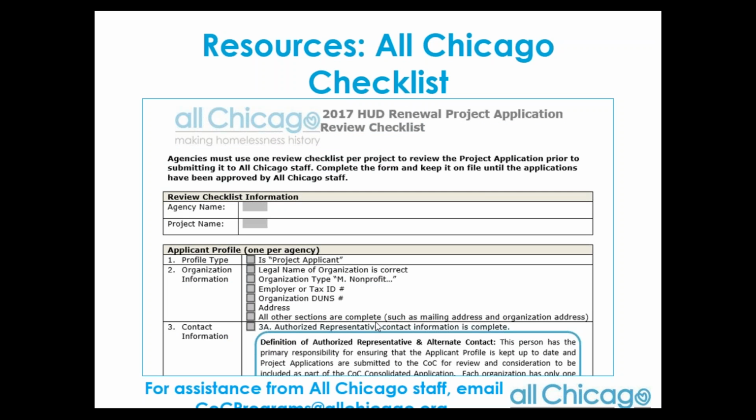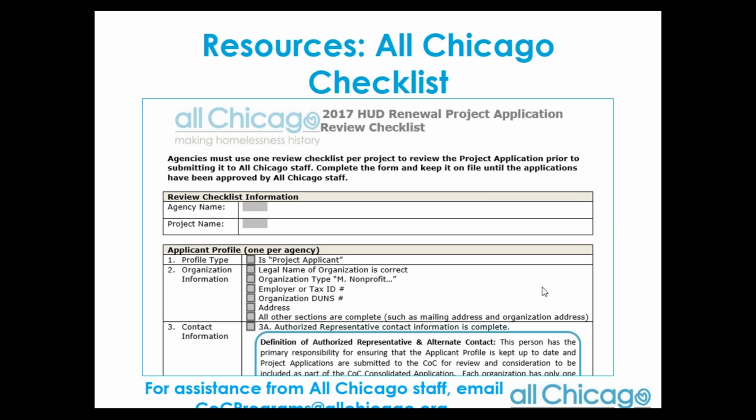And here's the checklist. So each year we try to look through all of those different instructional guides, look at all of the different steps throughout this process, and try to put one consolidated checklist together for you as a resource that you may use. And this is something that we encourage you to use throughout as you're filling it out, and or at the end to confirm that you have submitted each section.